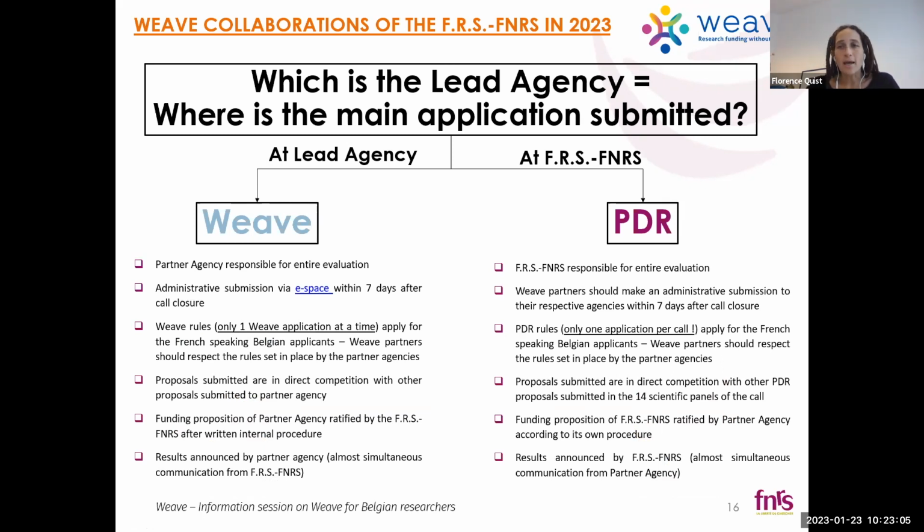So you can only have 1 WEAVE application running at a time. So you cannot apply for a new WEAVE application until the whole evaluation procedure of your other WEAVE application is finished. The proposals that you submit in this WEAVE application are in direct competition with other proposals submitted to that partner agency.